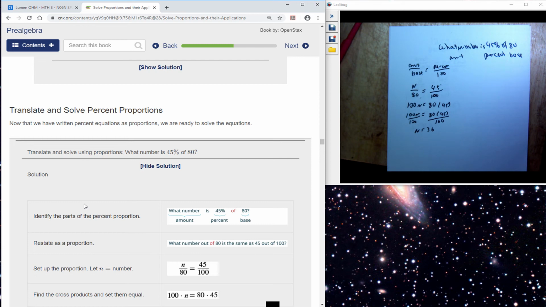What number is 45% of 80? Identify my base, my percent, and my amount. Plug into my proportion, cross multiply and divide, and end up with 36 here.